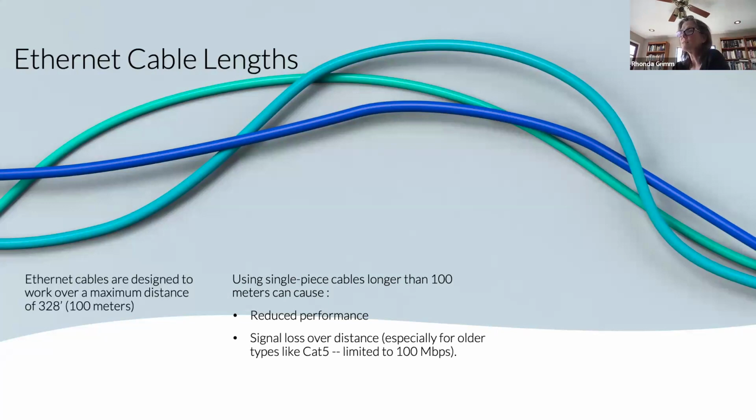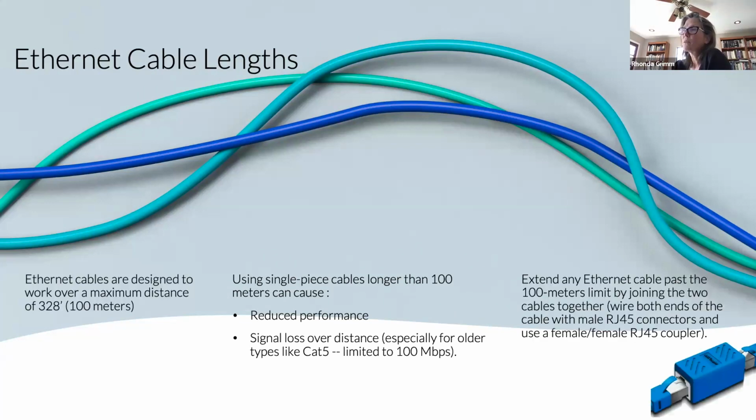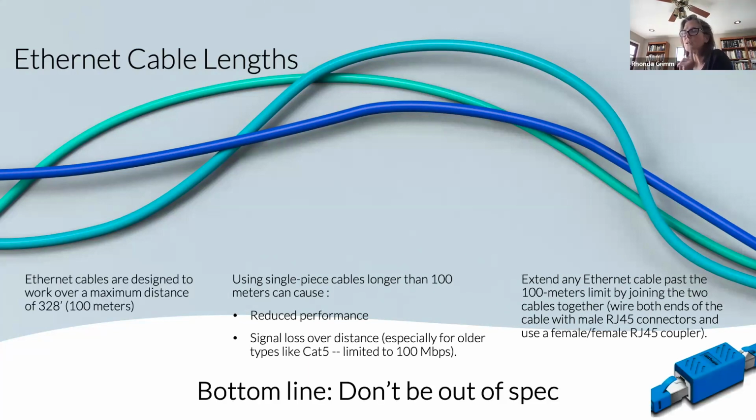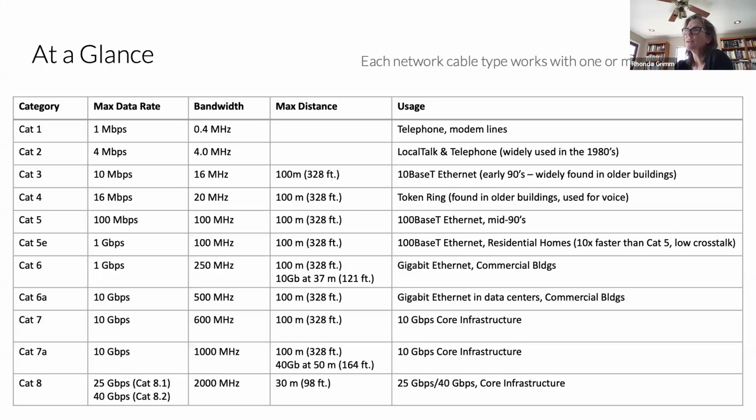It's going to cause signal loss. And you can couple them together with just an RJ45 connector, a little coupler, and you can extend your cable. So there's cable length. The main thing is just don't be out of spec with your cabling, because you don't want to go chasing a bunch of problems that turns out it all comes down to your cable.